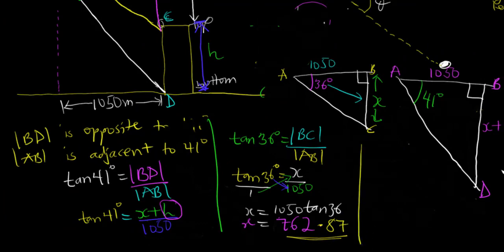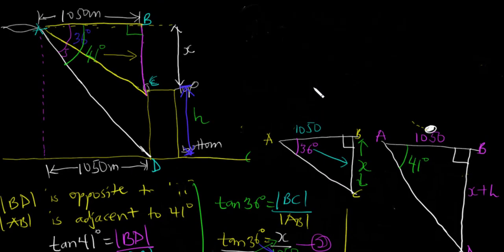All right, so from here, now that I know x, I can find h. So let me go back to the equation 1. Let me call this equation 1, and let me call this equation 2. So I'm going back to equation 1 here, and I'm going to make h the subject. So I have tan 41 degrees. Why do I keep saying 45?